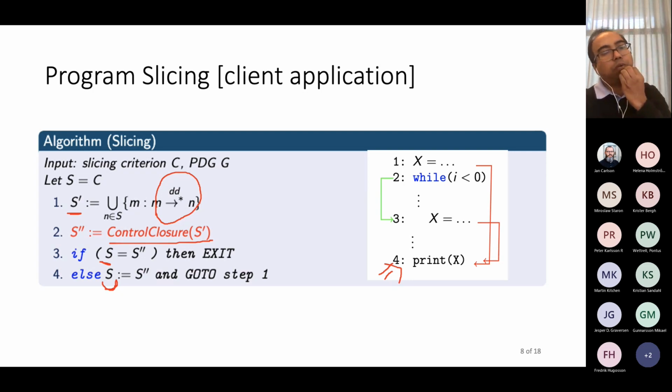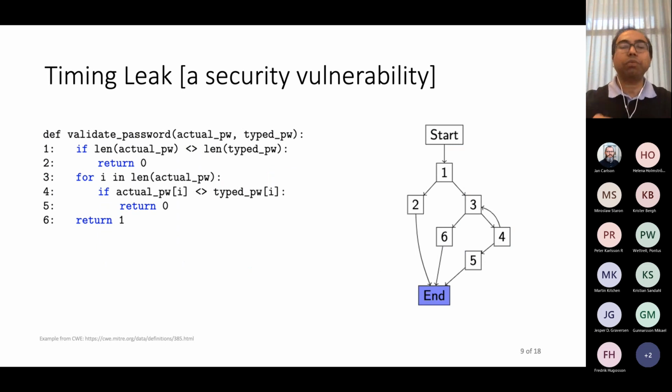This is one application of program slicing. We can also apply it for information flow control, to check if there is any information leakage or any security information leakage. I will give you an example later, or maybe now. This is a Python function that I took from the CWE web page, saying that it has a timing leak.